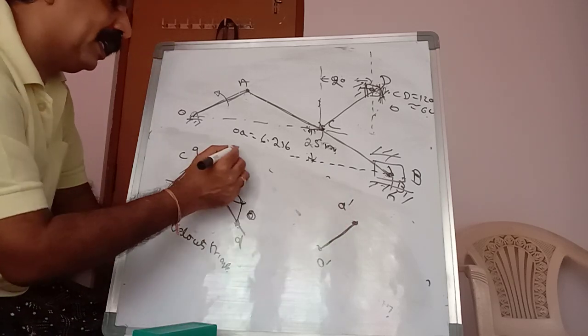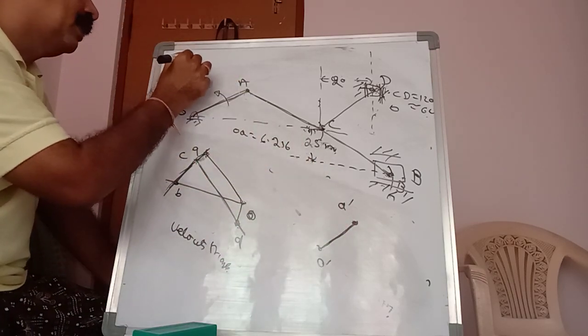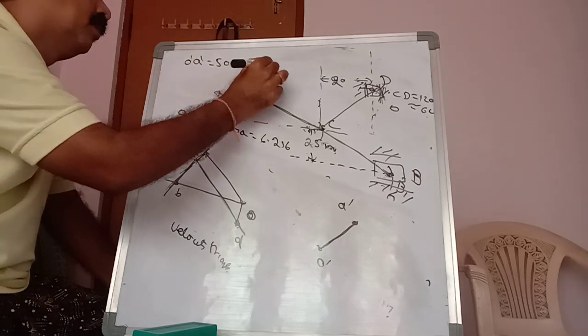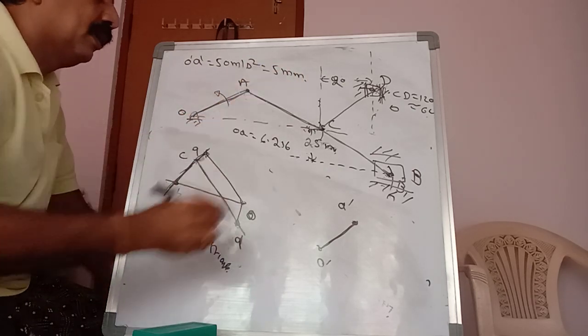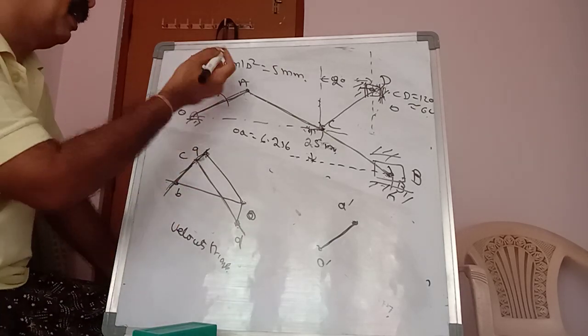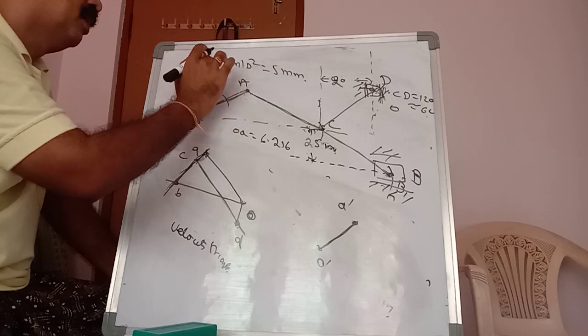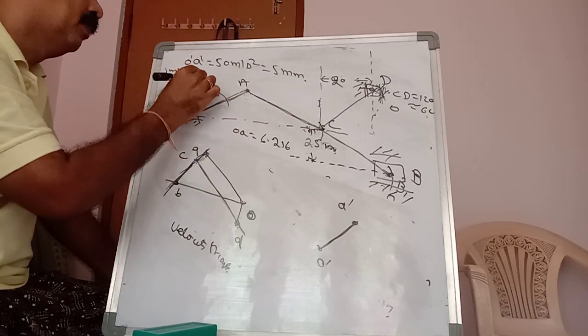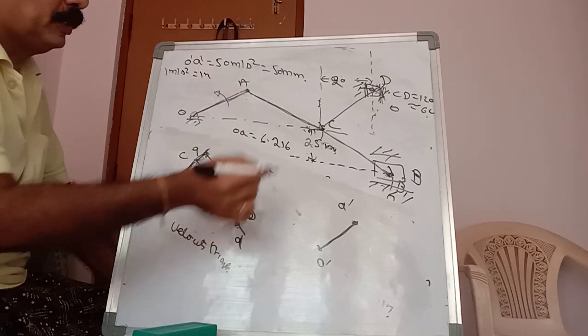So what is O dash A dash? It is 50 meters per second square, which is equal to 5 mm as per our scale. 5 mm is not possible to draw, so you can take another scale. 1 meter per second square is equal to 1 mm. That means this is 50 mm, and 50 mm means 5 centimeters.